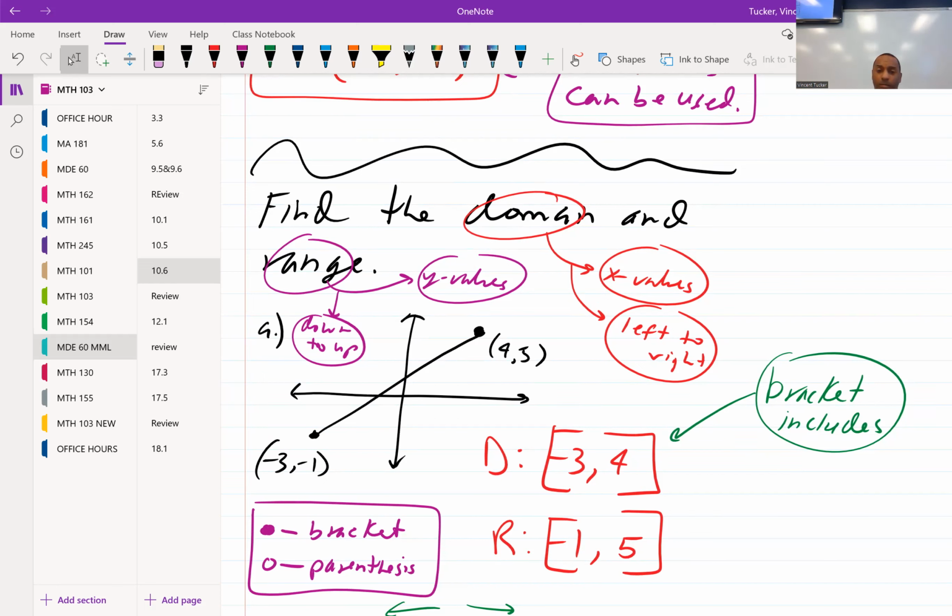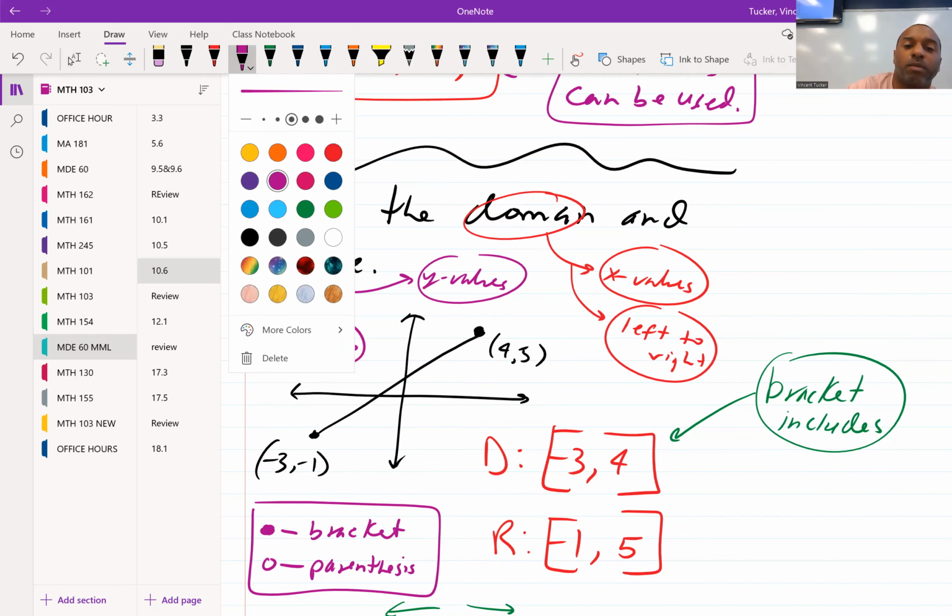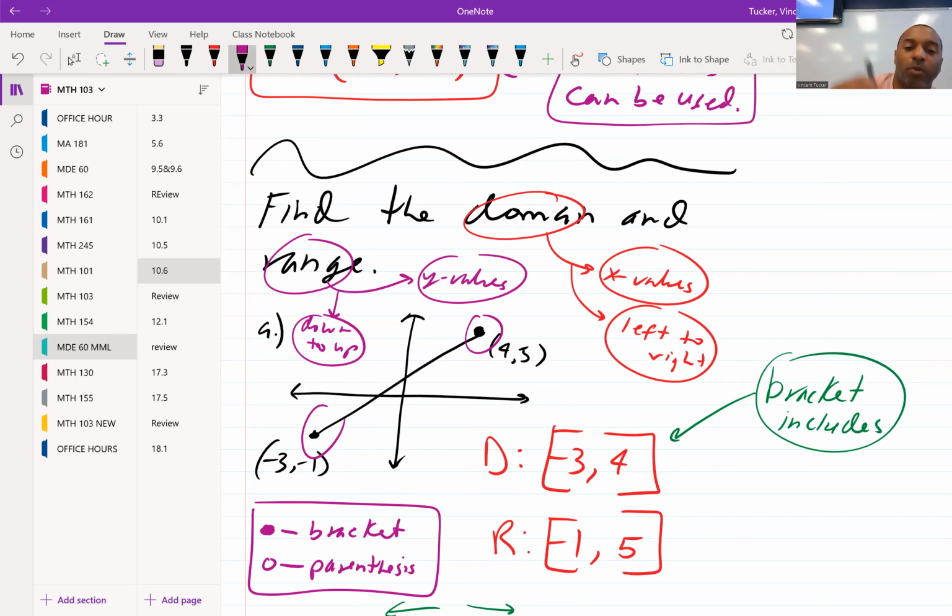Now we're using brackets because we have closed circles. A closed circle means we use a bracket. If either one of them were open, we would use parentheses. So that's why I have right here, bracket with the closed circle, parentheses with the open circle.